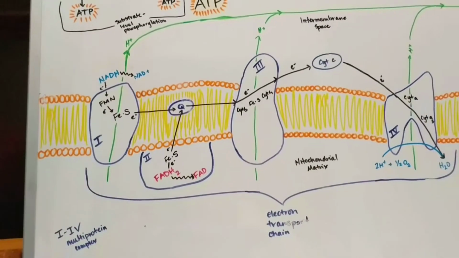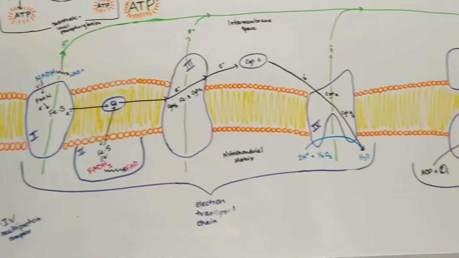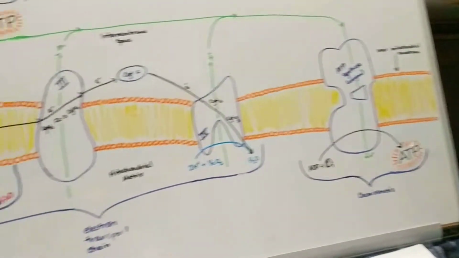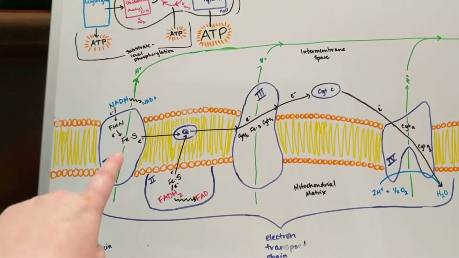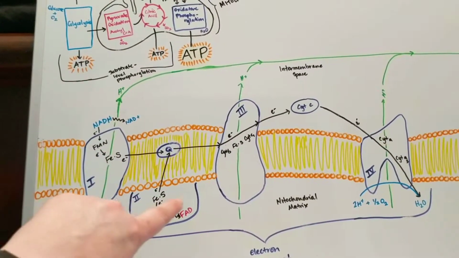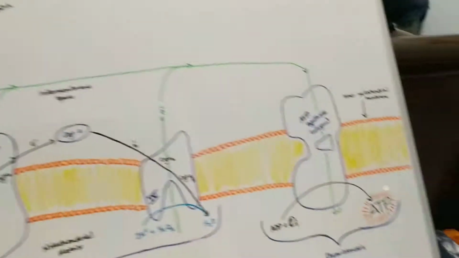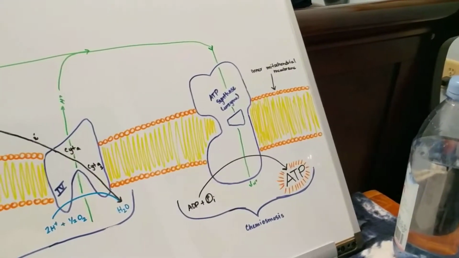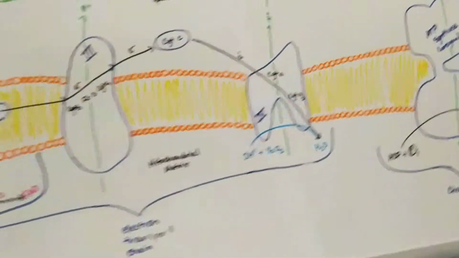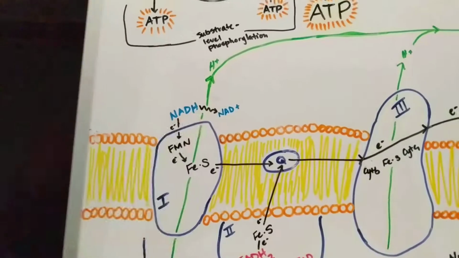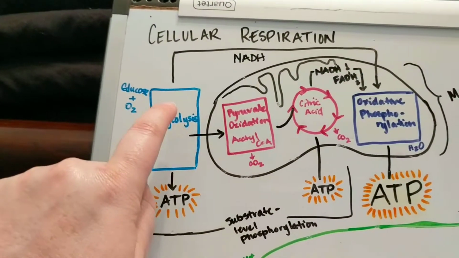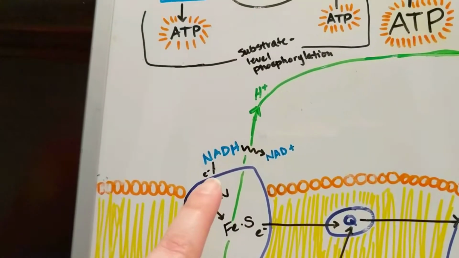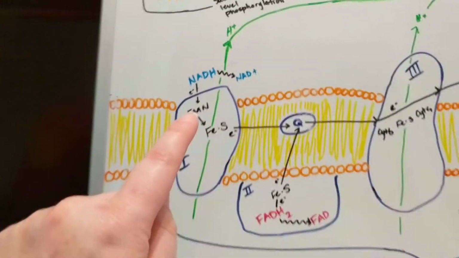So oxidative phosphorylation is broken up into two portions, okay? There's the electron transport chain, in which the electrons flow through these multi-protein complexes. And then the final stage is the chemiosmosis. So if you'll recall, I said the NADH from glycolysis moves into the oxidative phosphorylation.